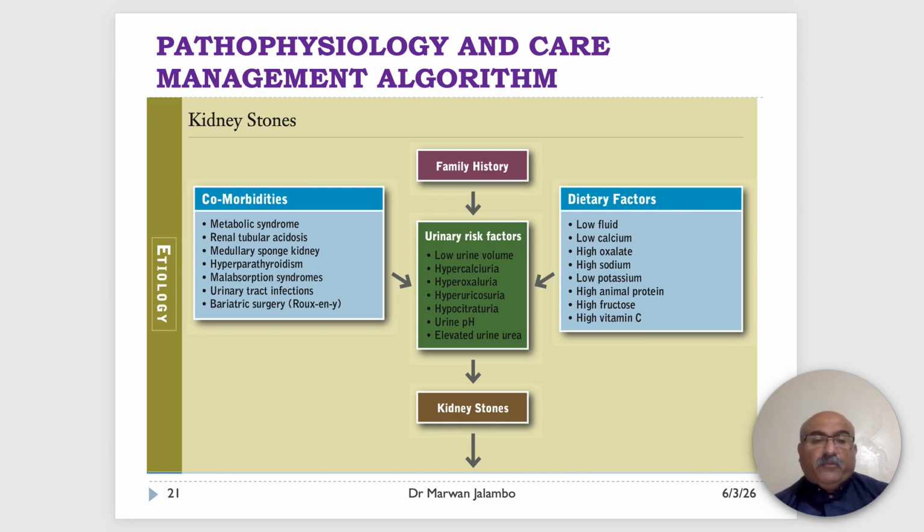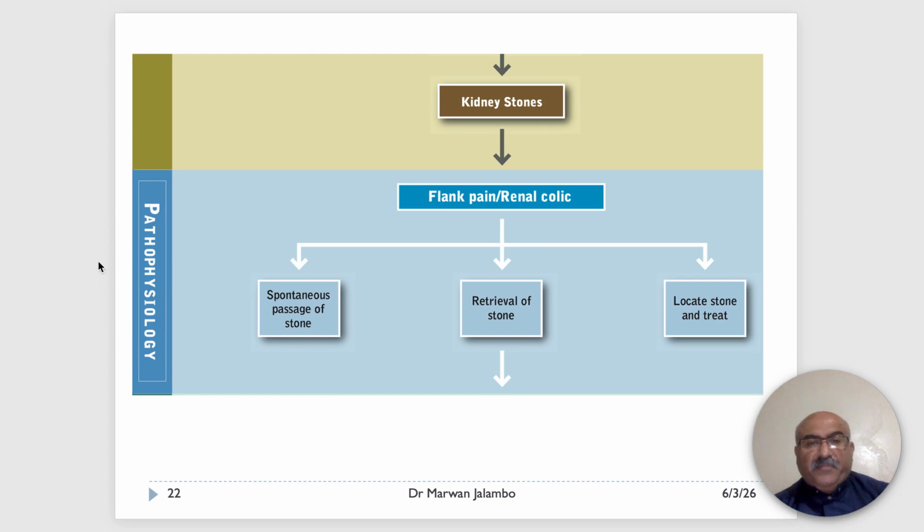Now we are going to the second section, the pathophysiology. So we arrive at kidney stone formation. Now the pathophysiology, the experience. The middle section of the pathophysiology is about what happens once the stone exists.